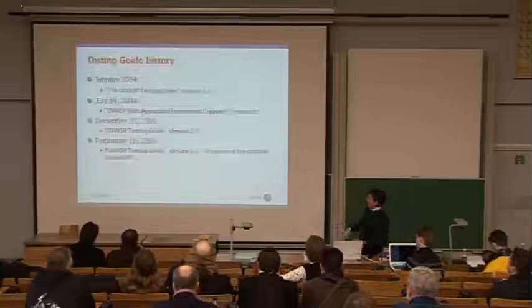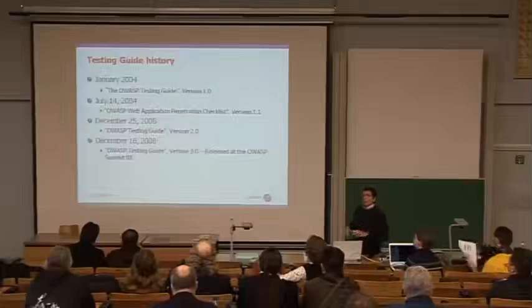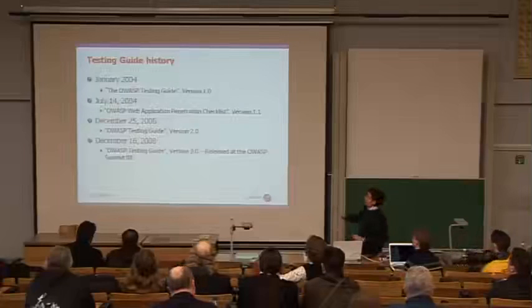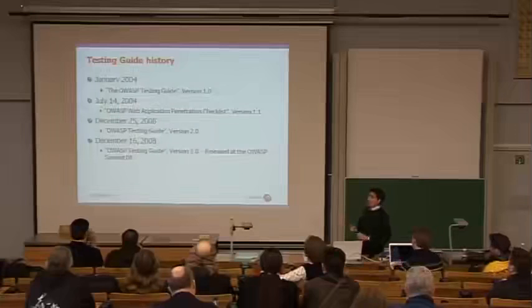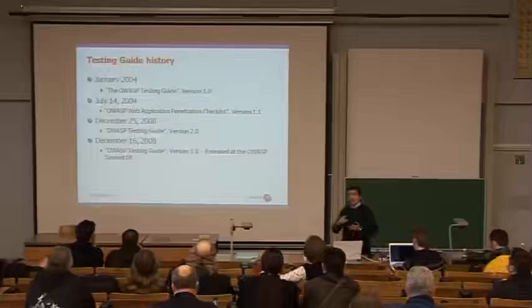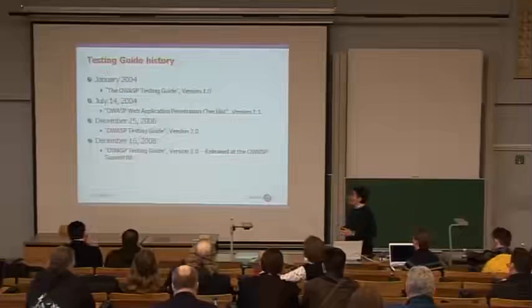Okay. So now we will talk about the testing guide. Just a little history. The testing guide starts from January 2004 from Daniel Cuthbert, who wrote the first testing guide, which was 20 pages in which he collected all the tests to do on the application.